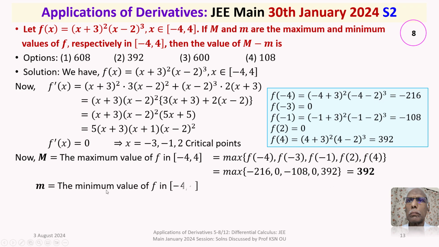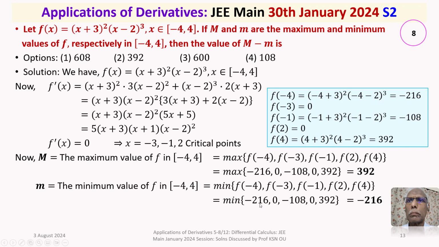Capital M is 392. Small m, the minimum value of f in the closed interval minus 4 to 4, is the minimum of the same values. In these, what is the minimum? The minimum is not minus 108, it is minus 216.